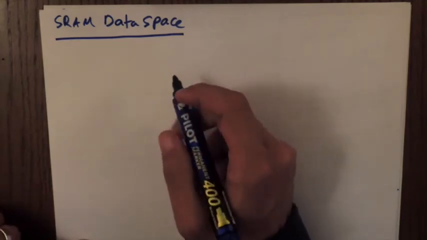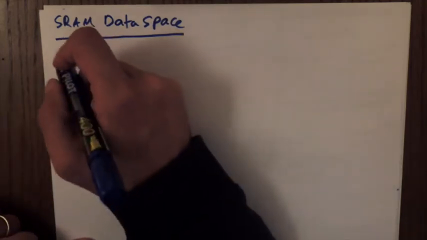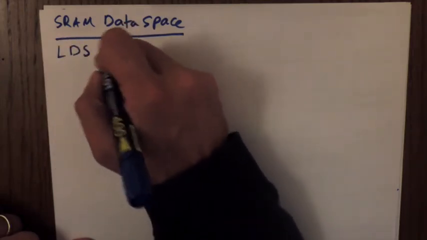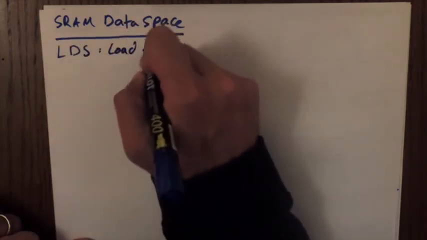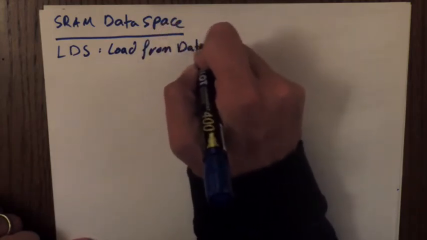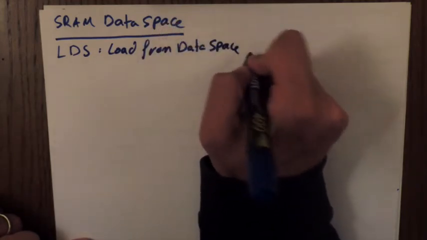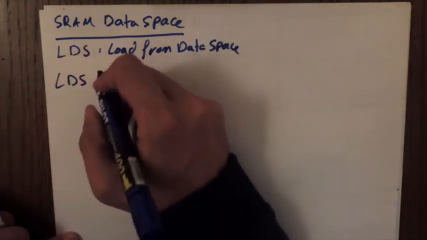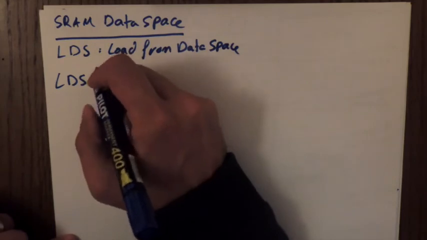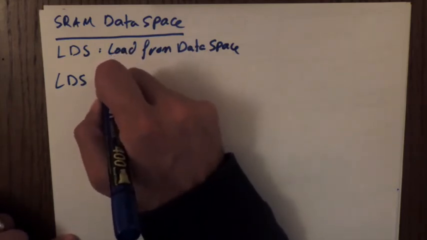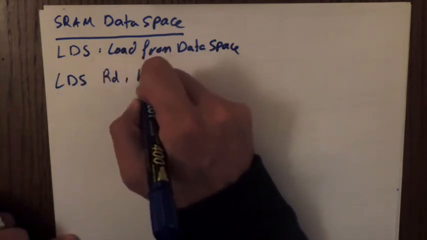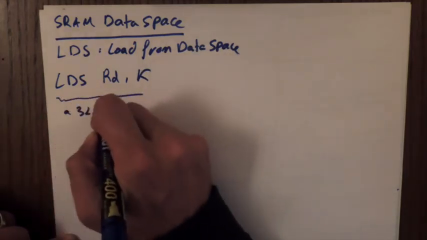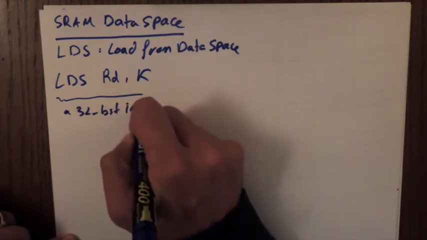So concerning the SRAM, to load from it, there is an instruction called LDS, which means load from data space. And LDS, similar to LDI, it takes a register destination and a constant. This is actually a 32-bit instruction.